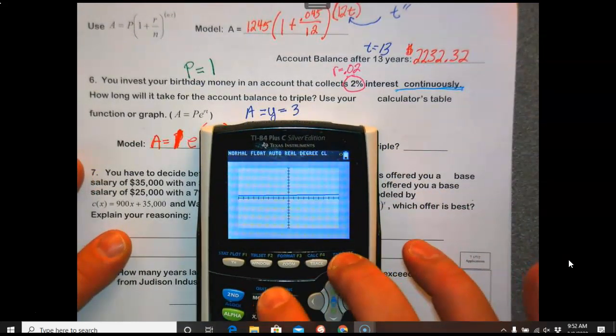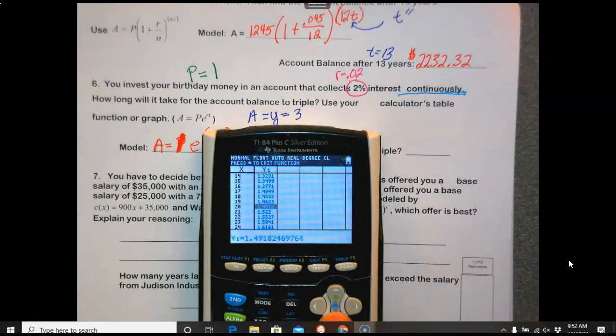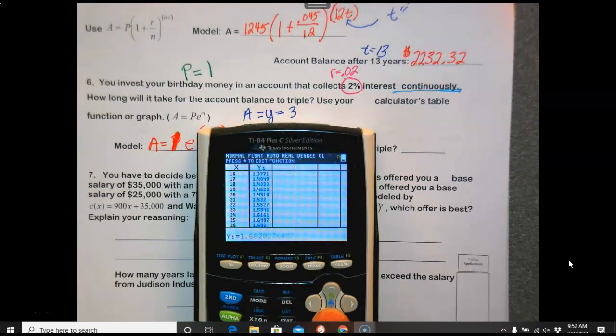I'm going to go to my table, second graph, and I'm just going to press and hold until I get to Y equal 3. Oh, there it is.